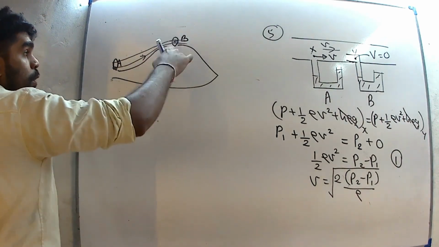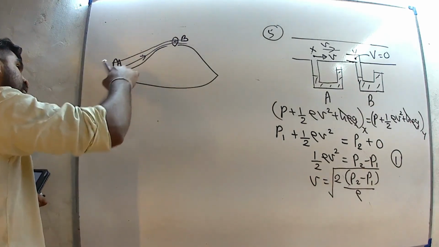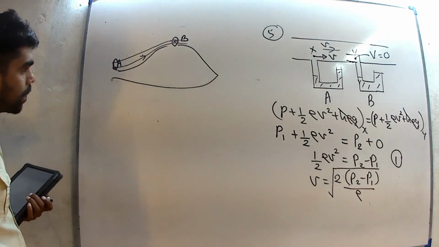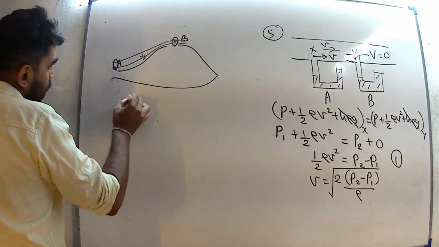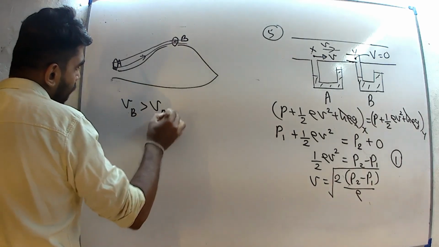The gap between flow lines at B should be less than the gap between flow lines at A. Therefore, velocity at B should be greater than velocity at A.